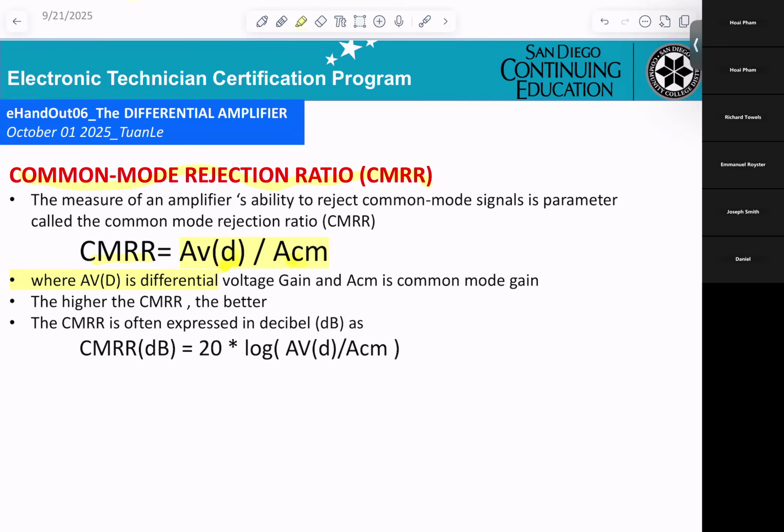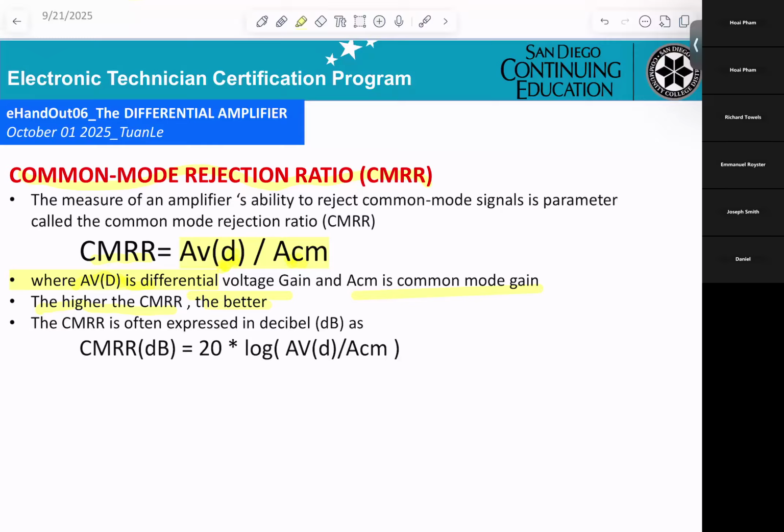They try to explain it here: AVD, the differential voltage gain, and ACM, the common mode gain. That means the noise. The higher the CMRR, the better.